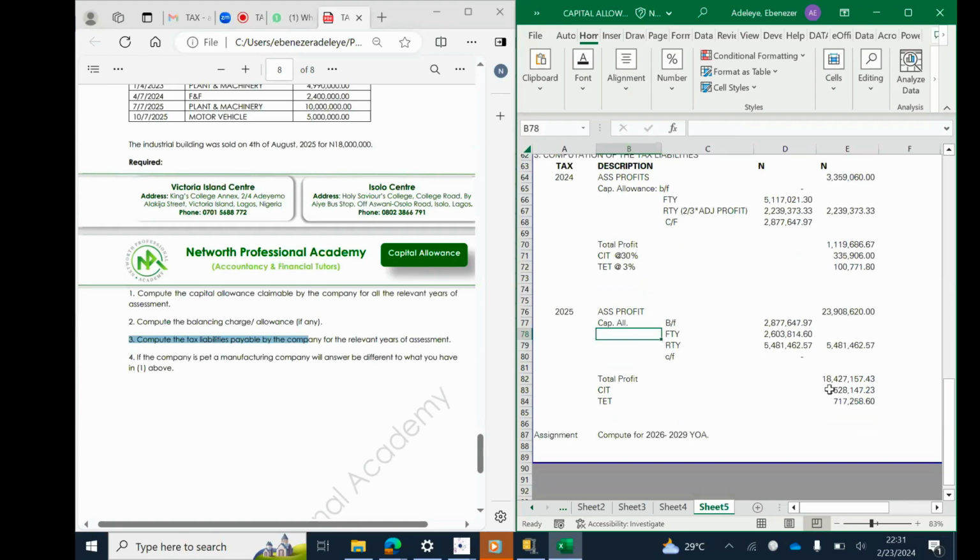So the total profit will be different, and the tax liabilities will also be different. But according to one above, which I believe is not what the question really means, the capital allowance computed will still be the same, but the tax liabilities computed in theory will now be different.